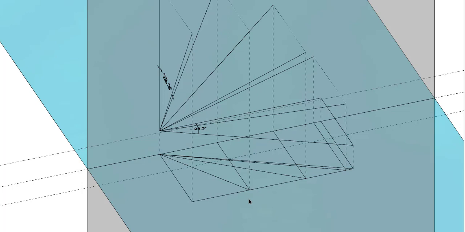You should remember this before starting to solve a problem for drawing a projection of a line inclined to both the planes. So keep this in mind, and we'll now start to do a problem from this topic.